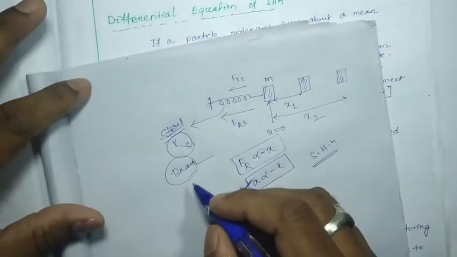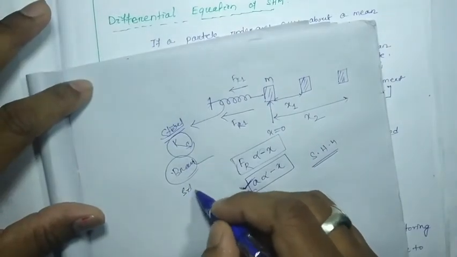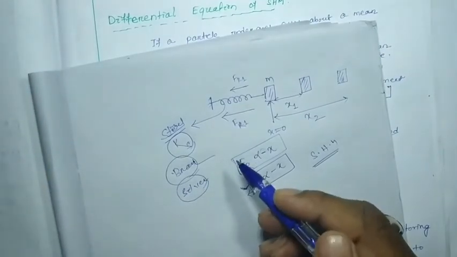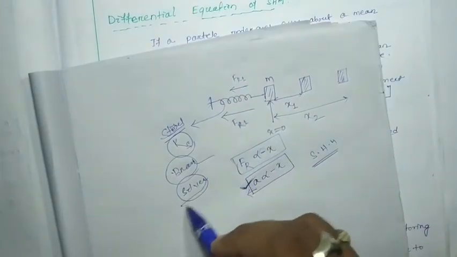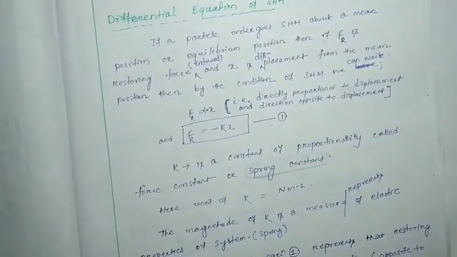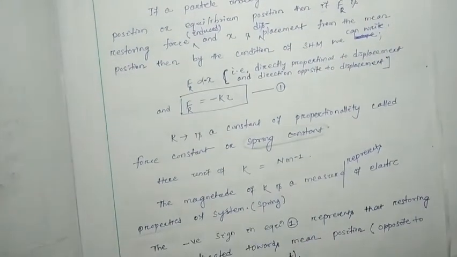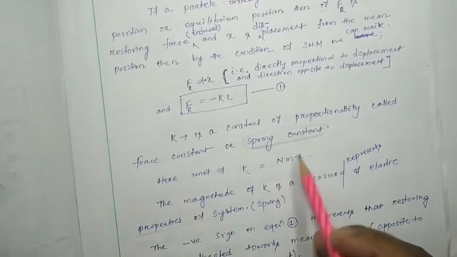If we consider silver, the spring constant will be different. So if we consider different materials, the spring constant of each material is different, and its unit will be Newton per meter or Newton meter inverse.